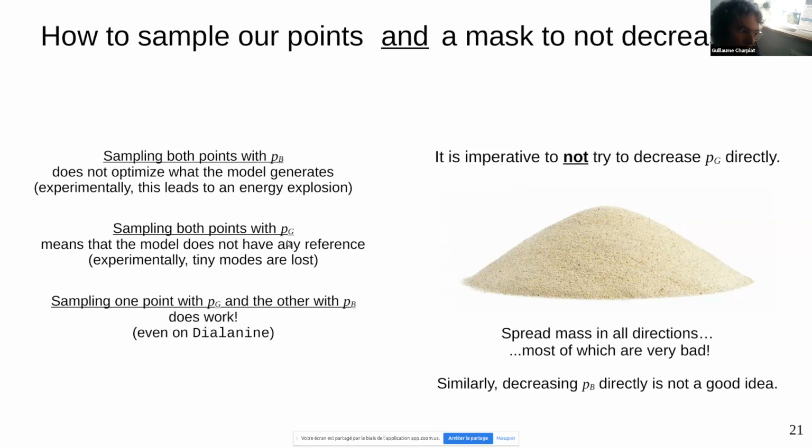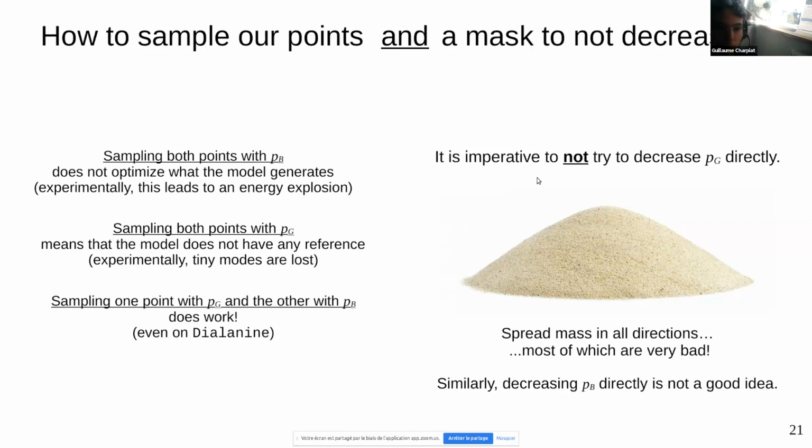If we try with PG, we have another issue, which is that if at some point there are some modes that are very minor or that are already lost, then the modes are going to stay like that. We're not going to recover modes that are lost. And so what we do actually is a mix of both. We sample one of the points with PG and the other one with PB. And then actually it starts to work, even on the alanine dipeptide that we found more difficult to generate.